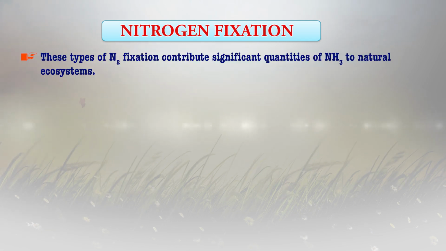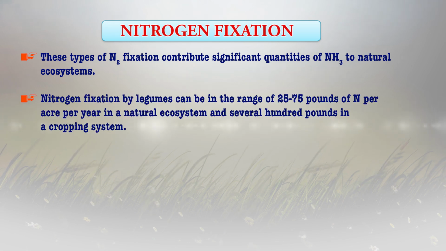These types of nitrogen fixation contribute significant quantities of ammonia to the natural ecosystem. Nitrogen fixation by legumes can be in the range of 25 to 75 pounds of nitrogen per acre per year in a natural ecosystem, and several hundred pounds in a cropping system.